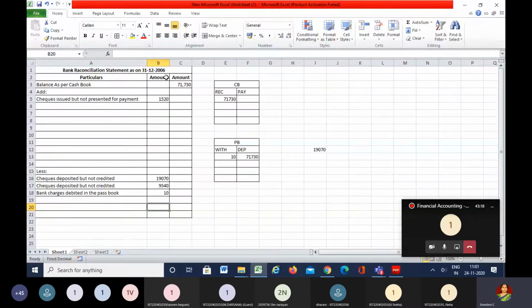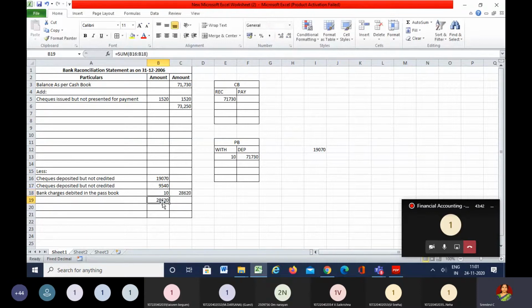So let us do the summation. Here this needs to be added. So 73,250 is the total. And here the total is 28,620.